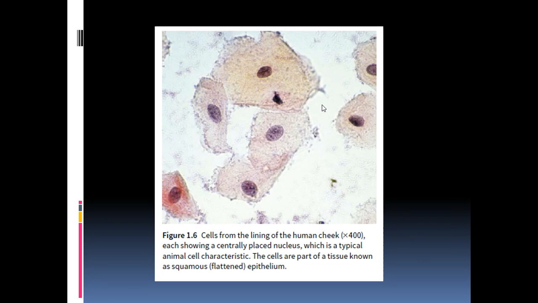As you can see, figure 1.6 is a diagram of cells from the lining of the human cheek as seen through a light microscope, right? With some chemical staining, you can really observe the structure of the nucleus, and also the cytoplasm.